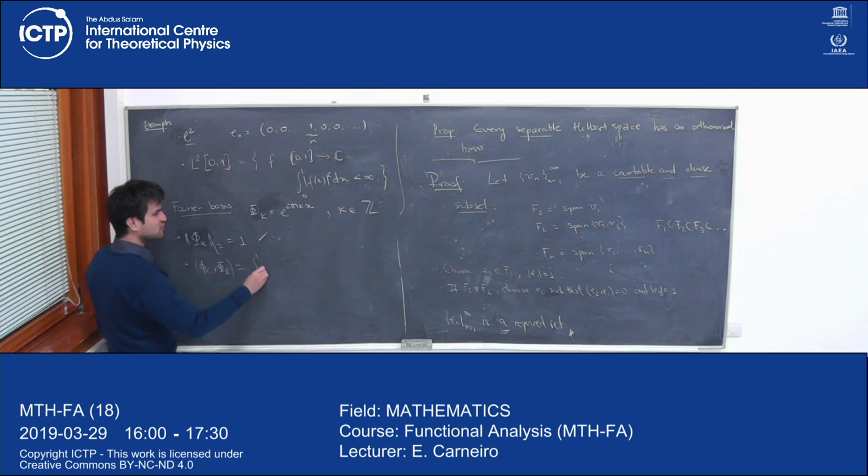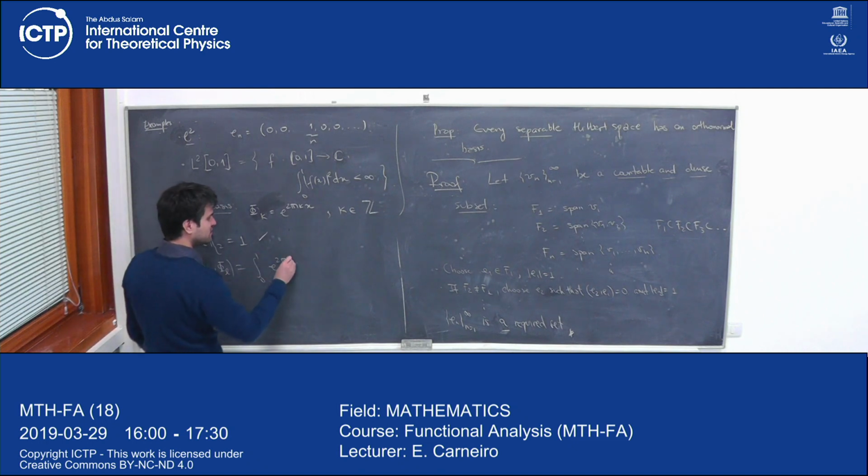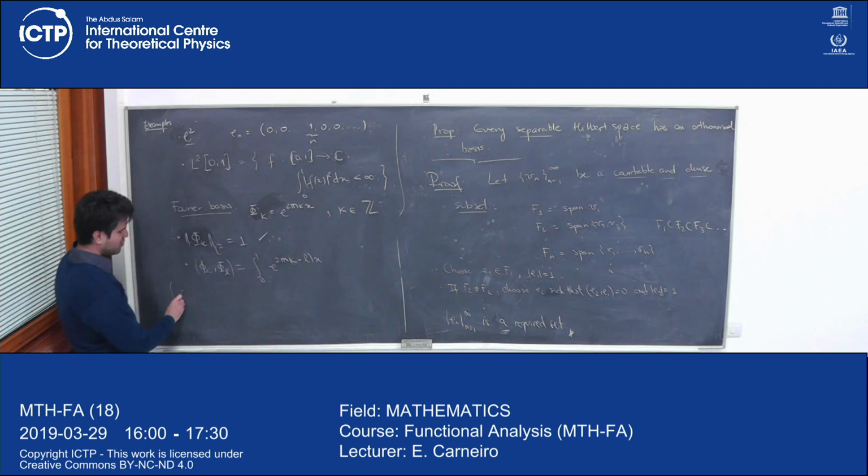Just the integral from 0 to 1 of e to the 2 pi i (k minus l) x. Remember that the inner product in the complex setting of f against g is just f times g bar.